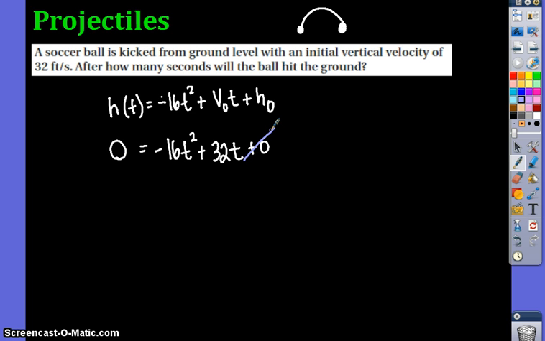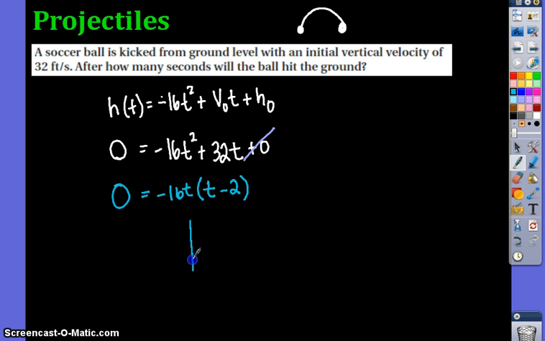What we should probably look for here is, can we factor? And yes, we can factor. They both have a common factor of t, and a common factor of negative 16. So we're going to pull out a negative 16t from both of them. And when we do that, we get t minus 2. And remember, you can always go back and check this by distributing again and making sure that it looks like your original function. So now we have the two factors.